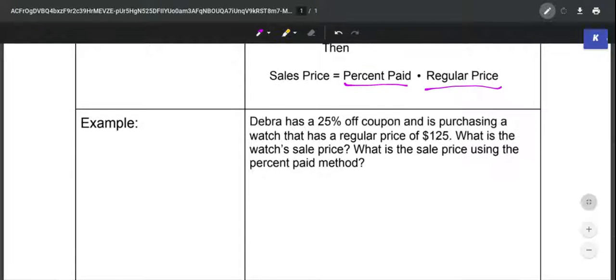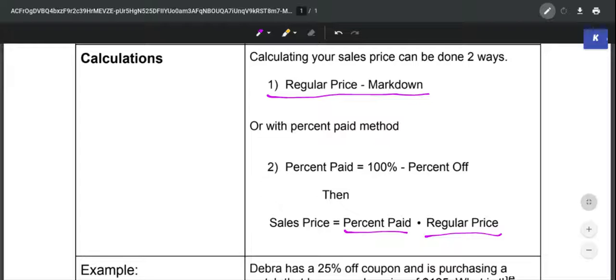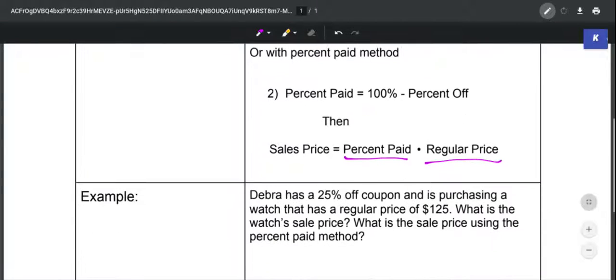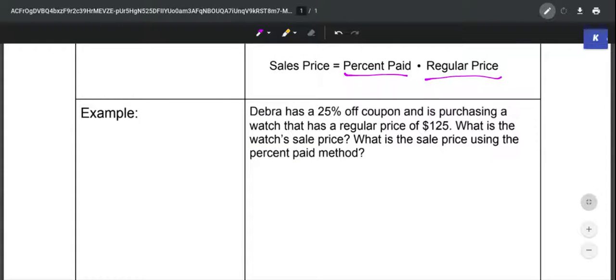So let's look at an example, and I'm going to do it both ways just so you can see it. Deborah has a 25% off coupon and is purchasing a watch that has a regular price of $125. To find the sales price, the first way, we take our regular price and subtract our markdown. So the first thing we need to do is find that actual markdown.